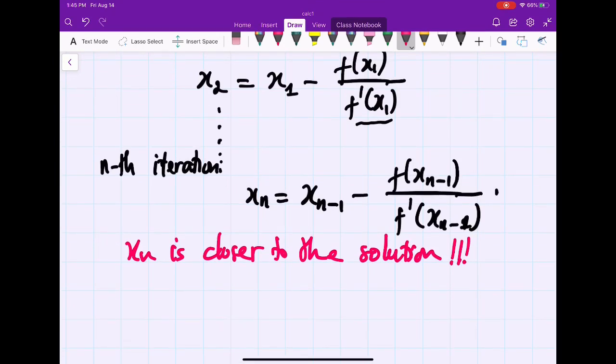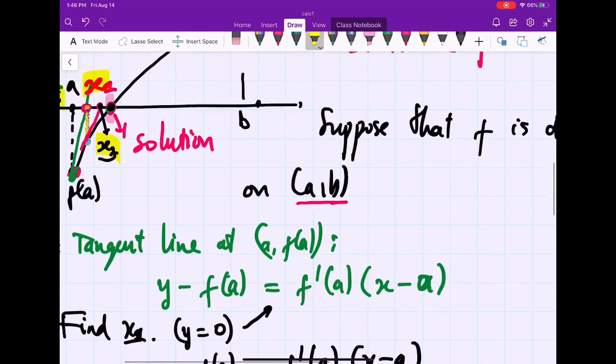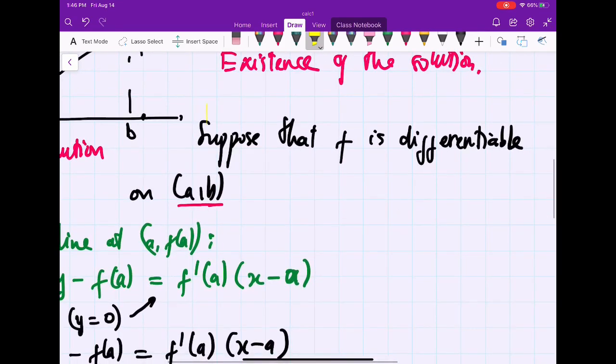That's how we can approximate the solution. Does that make sense? All right, so this is the general formula of the Newton method. And of course, we suppose that the function is differentiable on the whole interval a and b. Don't forget that.